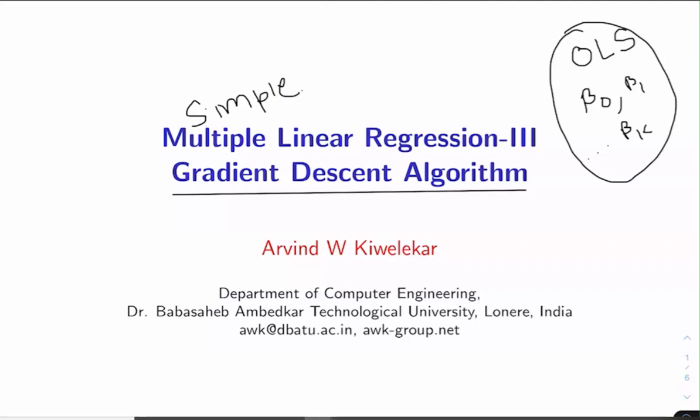The gradient descent algorithm is a very general purpose algorithm which can be used for many machine learning algorithms. And today in this video, we are going to see an extension of the gradient descent algorithm which we have used for simple linear regression modeling. Now we will adapt it for the multiple linear regression modeling.